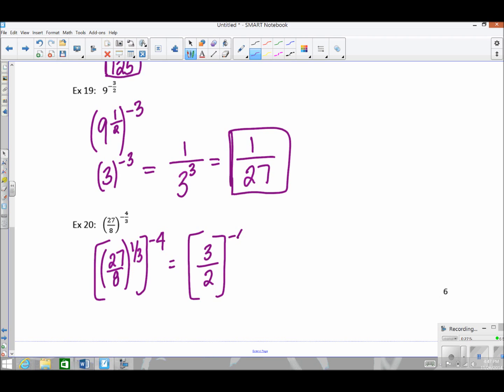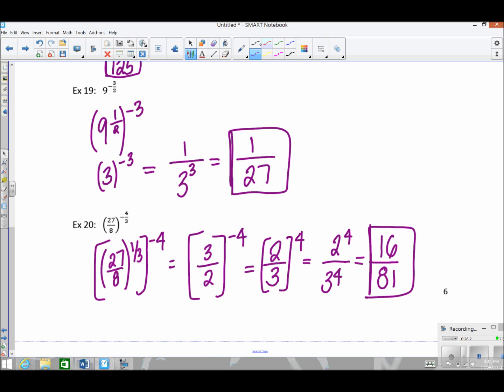And then raise this to the negative fourth, which, since this is a fraction, means 1 over this whole thing, it really just means you flip them. So this means 2 over 3 raised to the fourth, which then means 2 to the fourth over 3 to the fourth, which is 16 over 81.